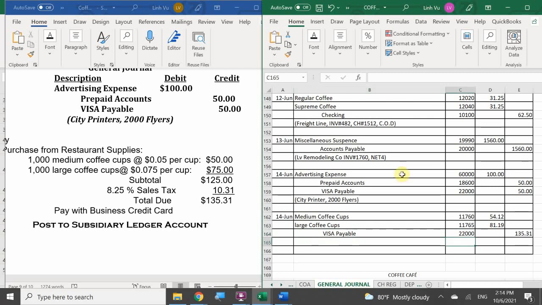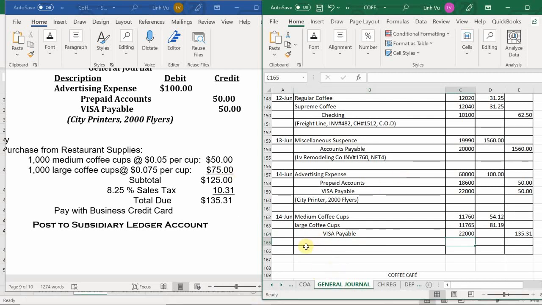Good. Now in this case, I have all the information I need. I buy restaurant supplies, medium coffee cups. So I'm going to put 2,000 coffee cups. Pay with Visa.